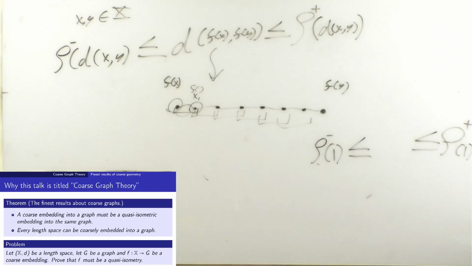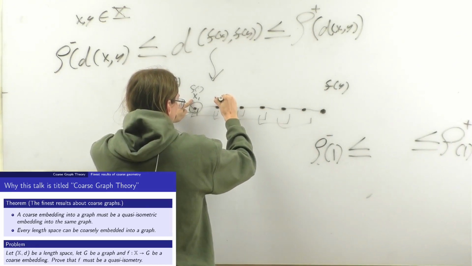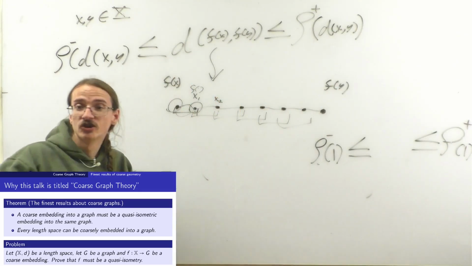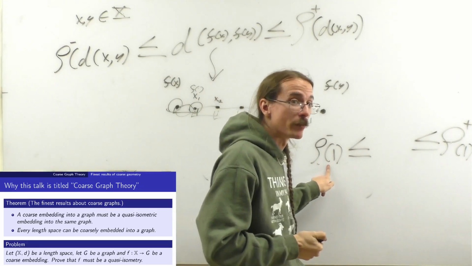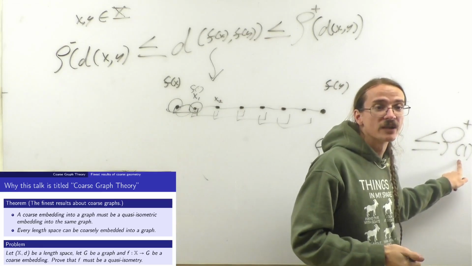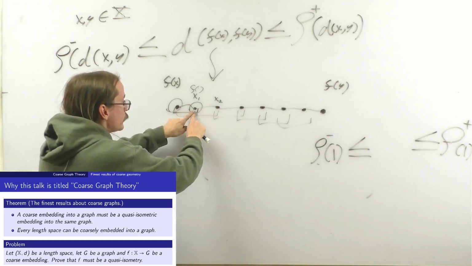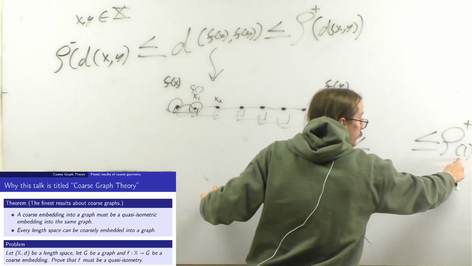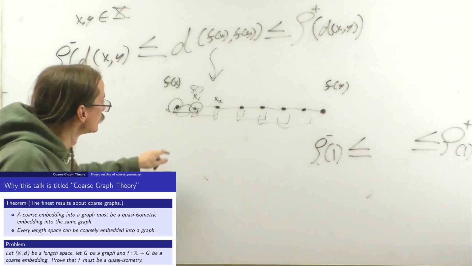And then this point x1 has some image, this point x2 has some image. And their distances are going to also be bounded by rho minus of 1 and rho plus of 1. If I take one hop, I move at most rho plus of 1, and at least rho minus of 1.